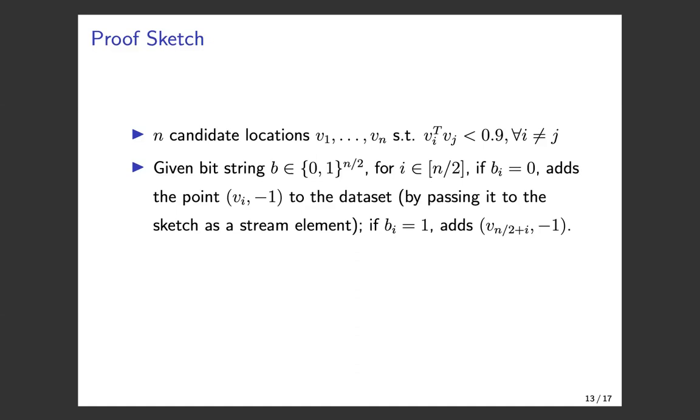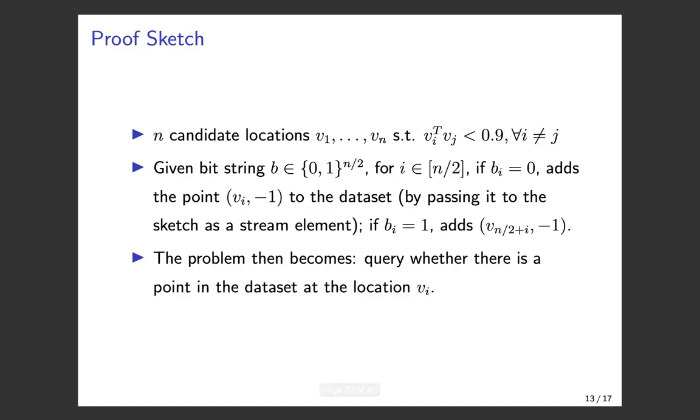And then if bi is 1, then she basically puts this point at a different location. Okay, and so then the problem basically becomes, given this sketch, can Bob query whether there's a point in the data set at the location vi?